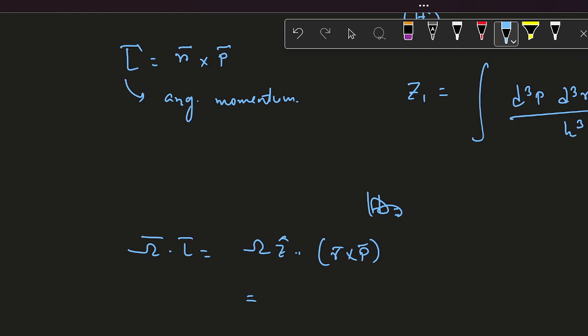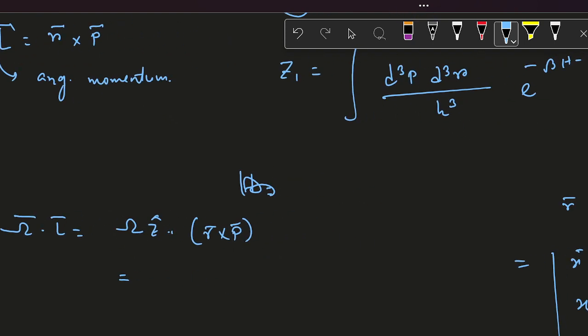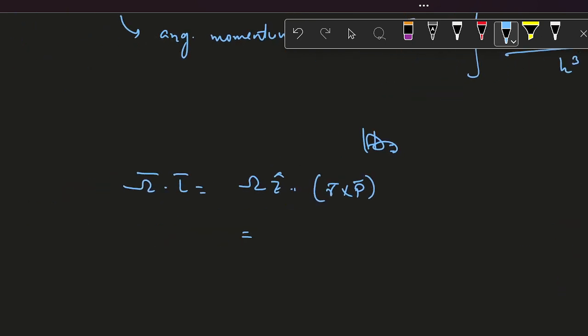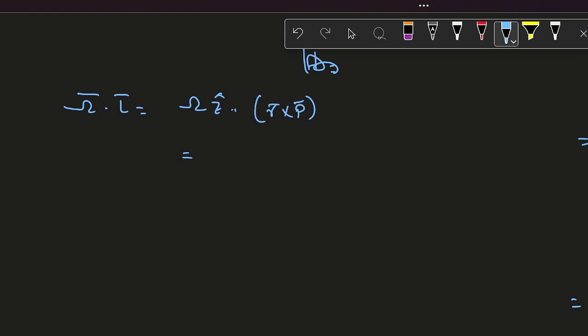If you take this cross product, what you have is x cap (y pz minus z py) plus y cap (z px minus x pz) plus z cap (x py minus y px). So it can have components along all three, x cap, y cap and z cap.